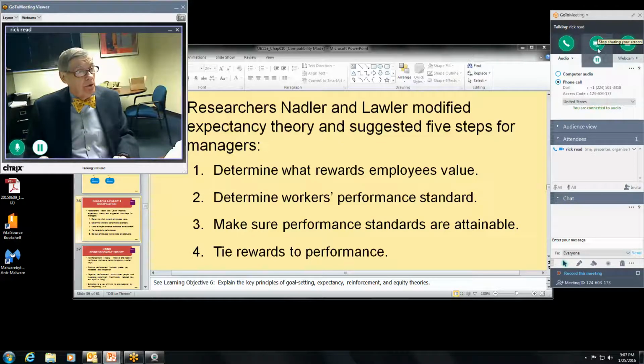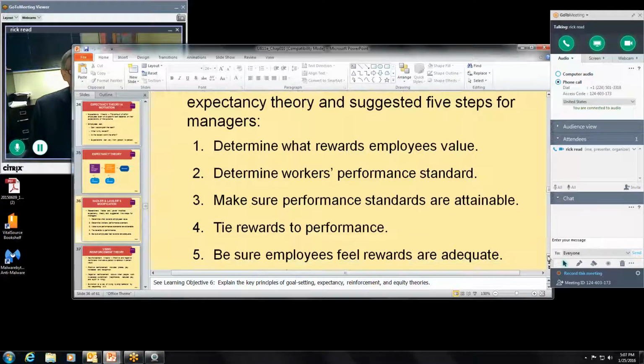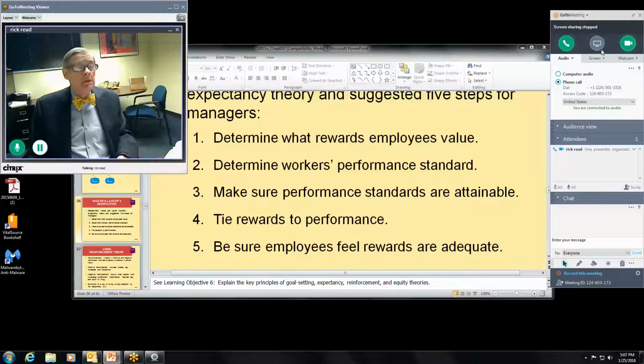Make sure the standards are attainable. Well, we've talked about that before. Tie the reward to the performance. Now, what they mean here is that if a person completes a certain percentage of it, they wouldn't get the entire reward. And then make sure that the employee feels that the reward is adequate.